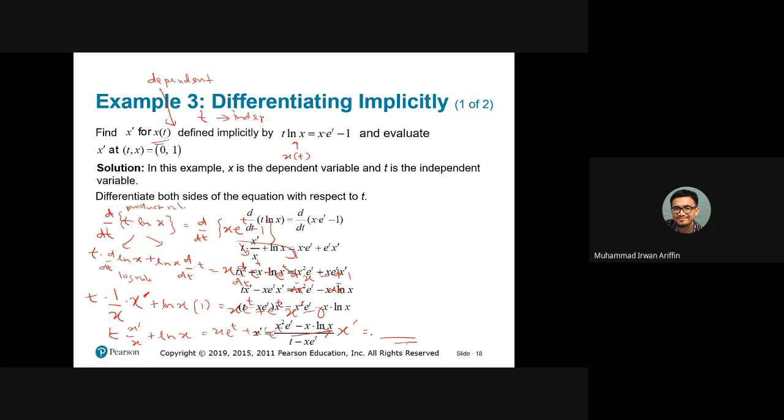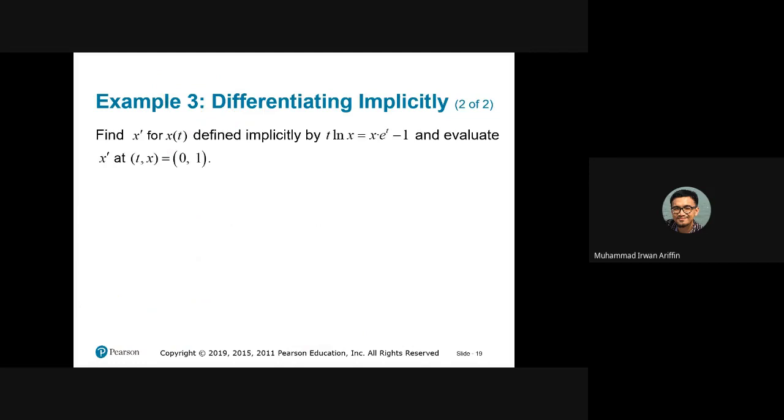I'll just leave this exercise to you, because I think from here it should be simple enough. You should be able to rearrange all these and collect the x prime and put them on one side. You can see the answer on your slides, right? So try to make sure how you can rearrange this until you get x prime.